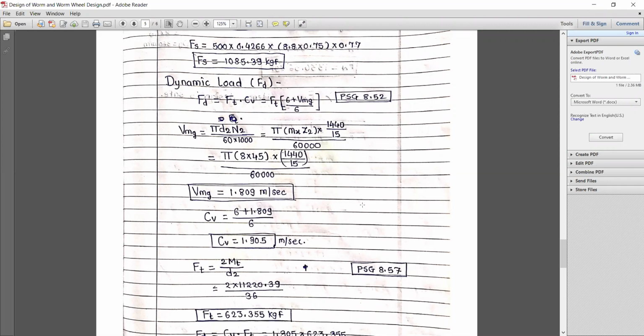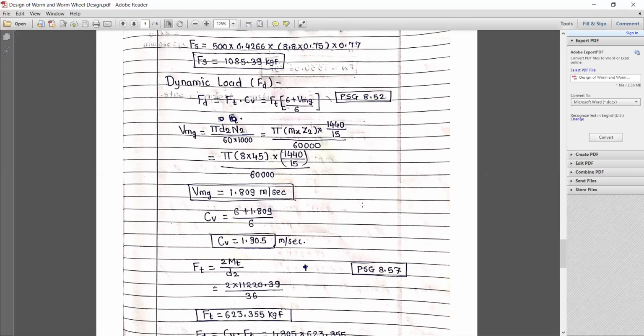So pi into d, the diameter of gear, which we can find out as mx into z2. Then n for the wheel, it is in condition of wheel, so n2 we can find out is equal to n1 divided by I. So 1440 divided by 15, you can get the value of n2.